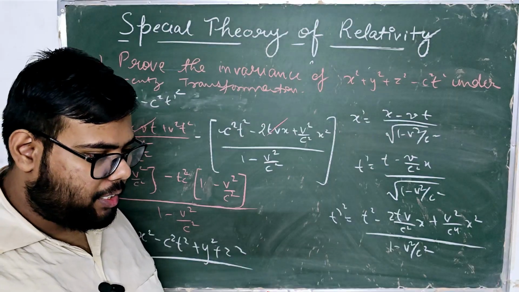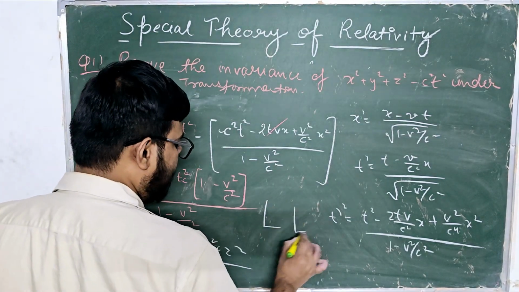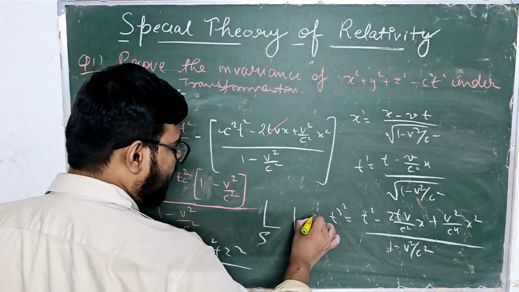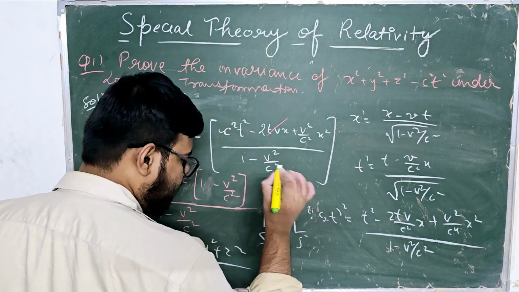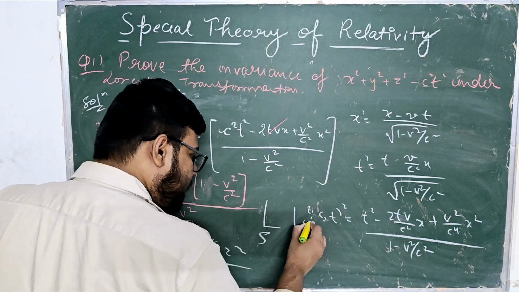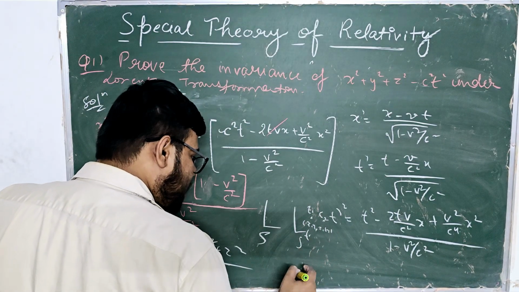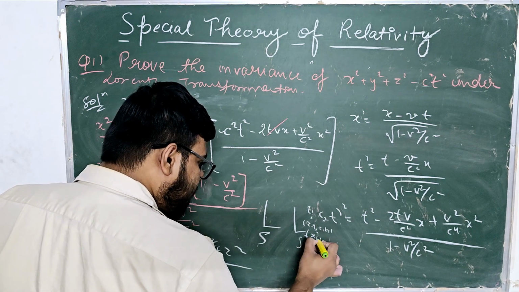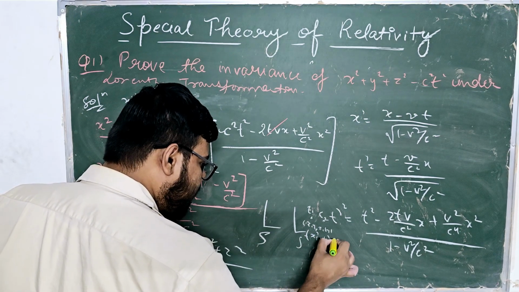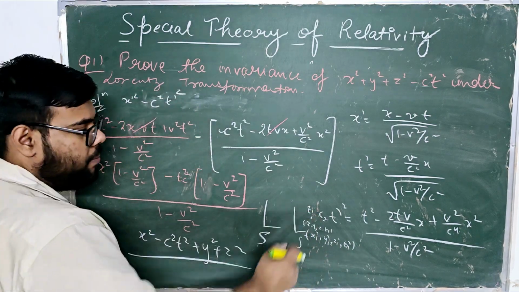And in fact, if there are two events, in this S and this S' frame, suppose this is event 1 and this is event 2 over here. With respect to the S frame, event 1 is x1, y1, z1, t1, and with respect to the S' frame it is x1', y1', z1' and t1'.